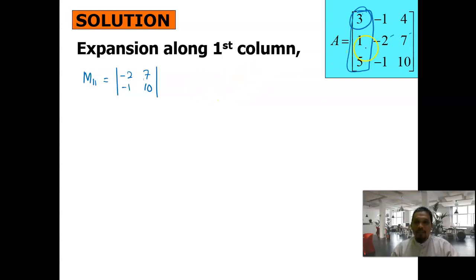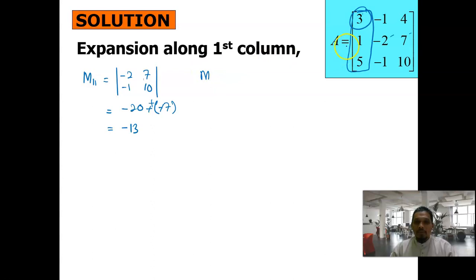So negative 2 times 10 equals negative 20, minus 7 times negative 1 equals negative 7. Negative times negative is positive. So negative 20 plus 7 is negative 13.